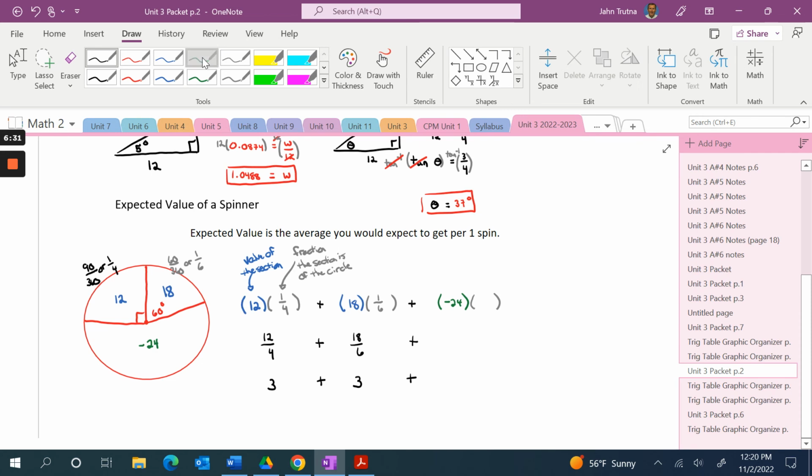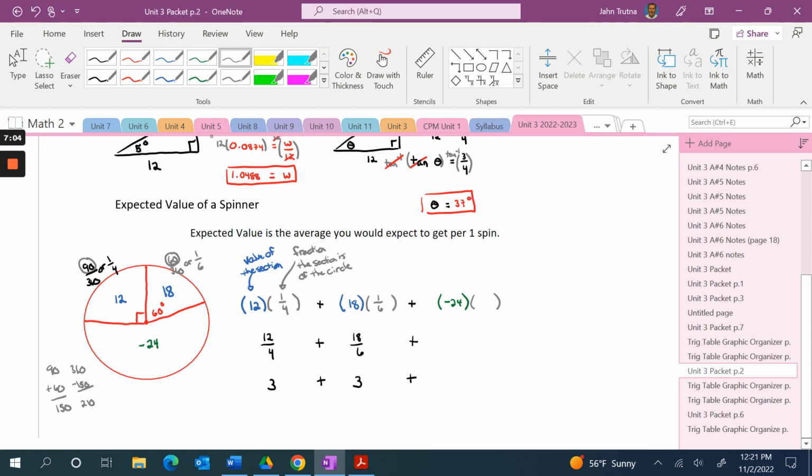Now, to figure out what fraction the negative 24-point section is of the circle, notice that the 12-point section is 90 and the 18-point section is 60. So 90 added with 60 is 150. I've used up 150 degrees for the 12 and the 18-point sections, and an entire circle is 360. So I'm going to take away 150 from 360.